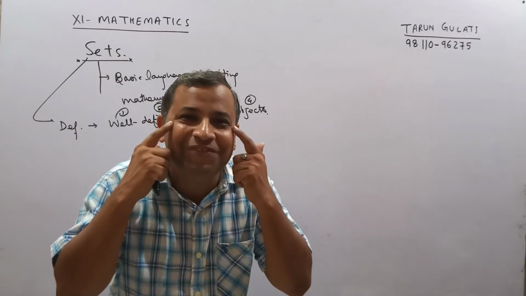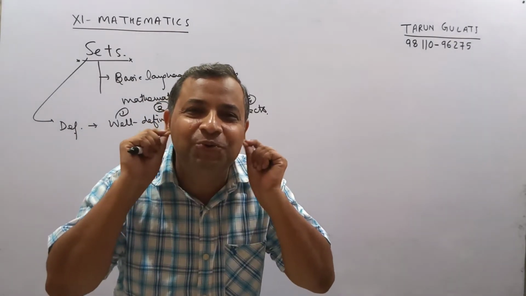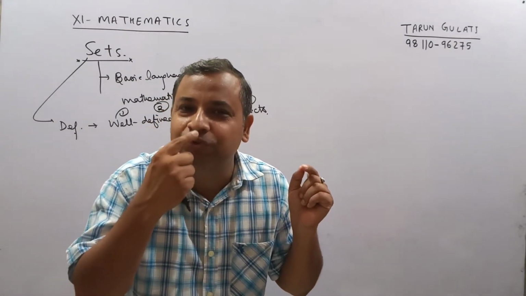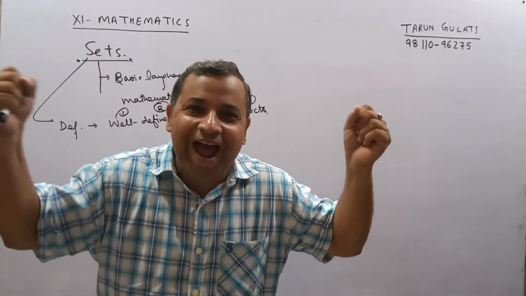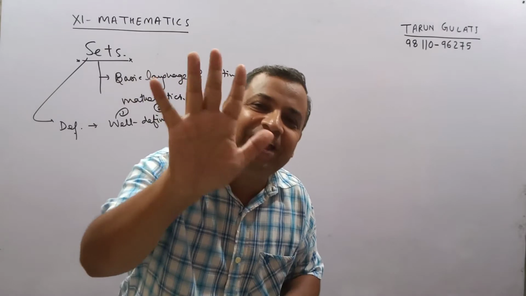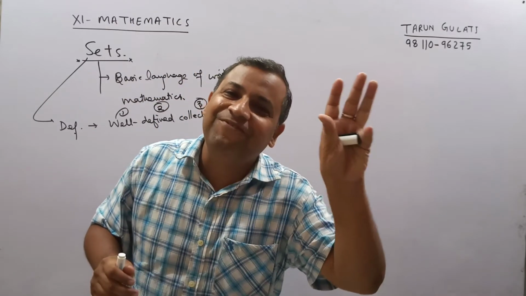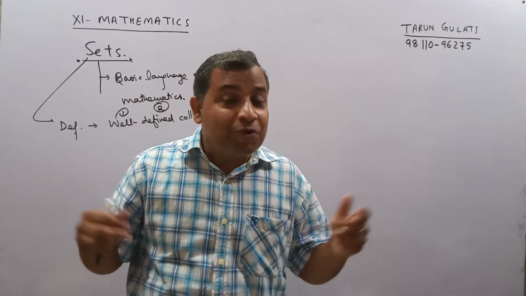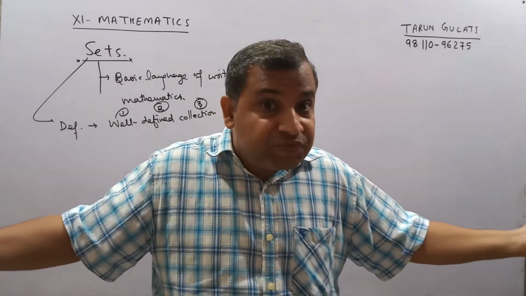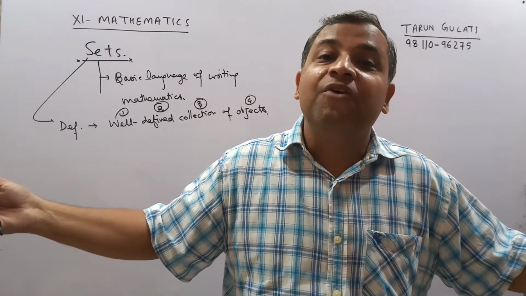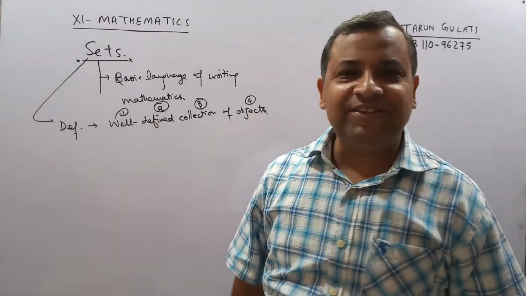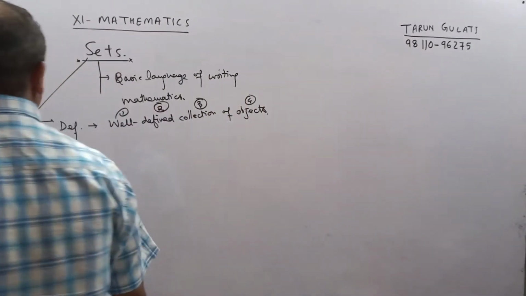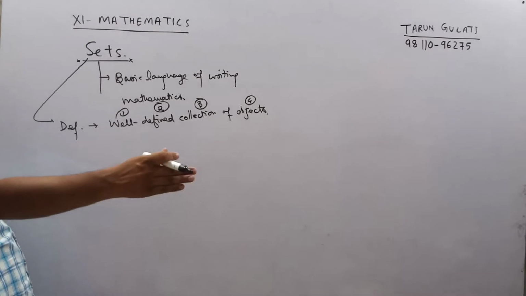Say in human we have 2 eyes, 2 ears, 1 nose, 1 forehead, number of hairs. We have 2 hands. We have 5 fingers in a hand, and 5 fingers in another hand. Number of oceans, number of rivers in this world. They are well defined. Anything else which is well defined is known as a set.